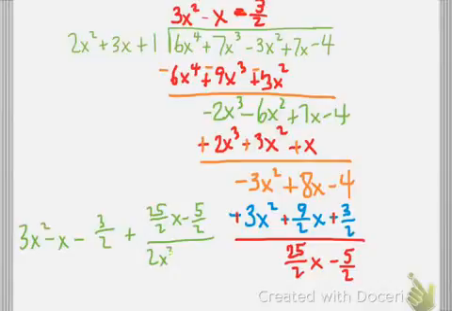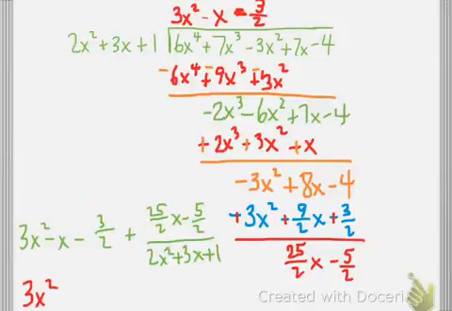Now, because I do not want to have a numerator that has a fraction divided by a fraction, we multiply the top and the bottom by the denominator of the numerator. So I multiply the top of the remainder by 2, and I multiply the divisor by 2.